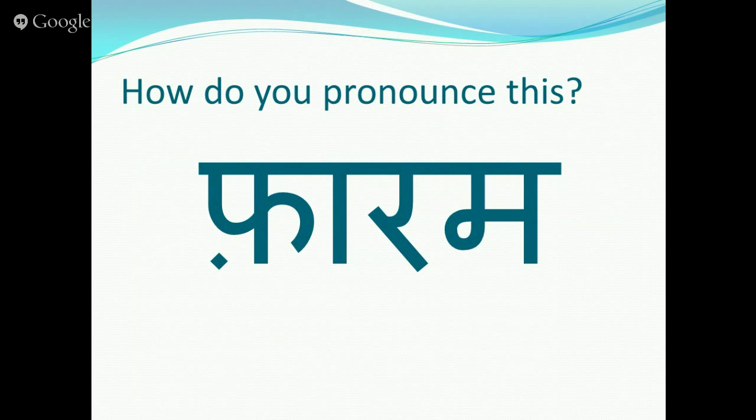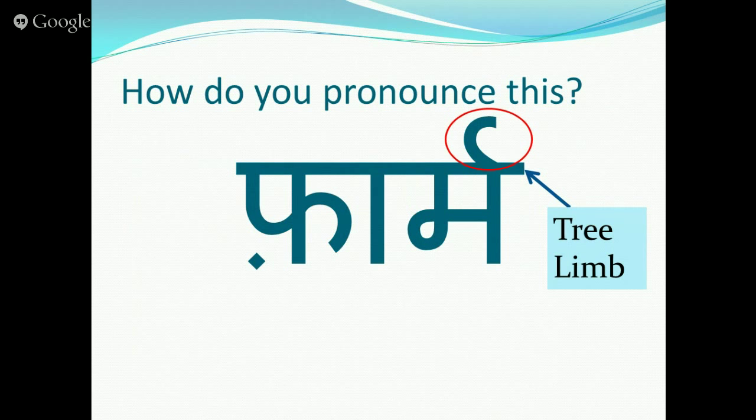This is faram. But then how would we pronounce this? And take notice of the rodent sitting on top of the tree limb. That means that the a after it is gone.